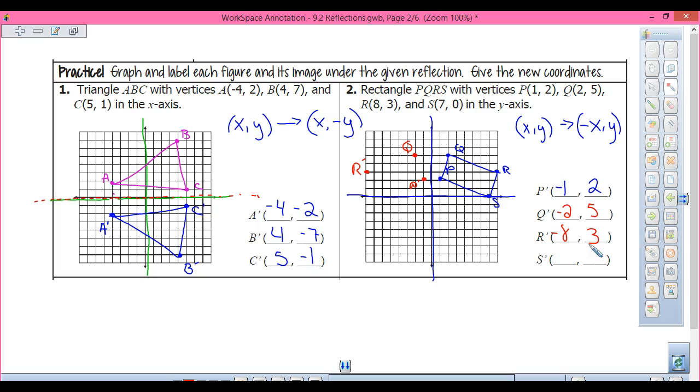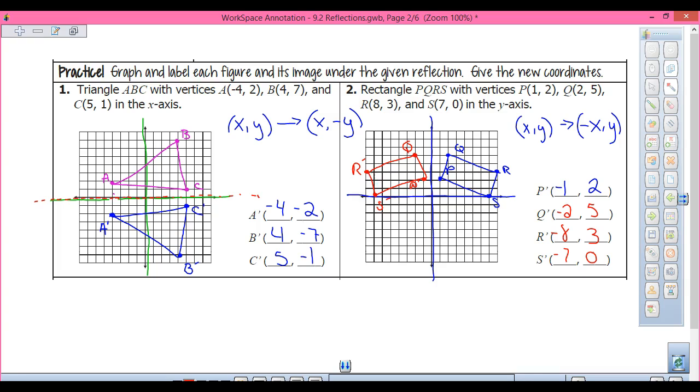S is how far away? 7, so it's got to go from +7 to -7. It's going to be S prime at -7, 0 stays the same.